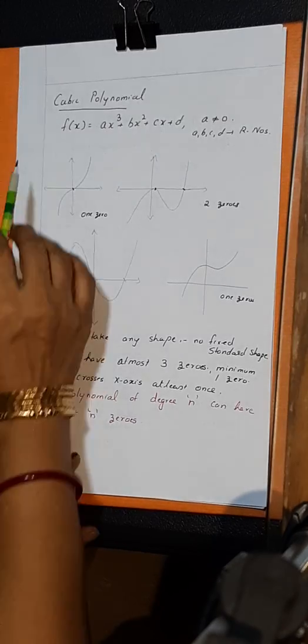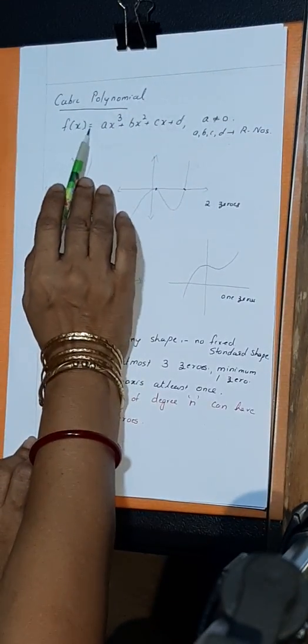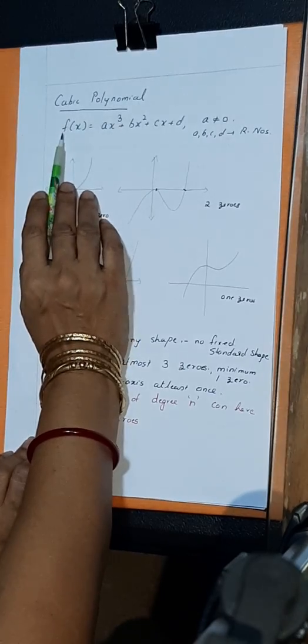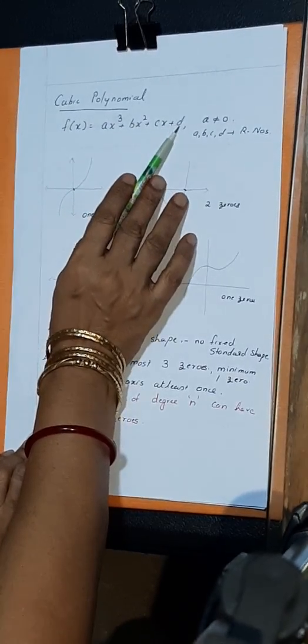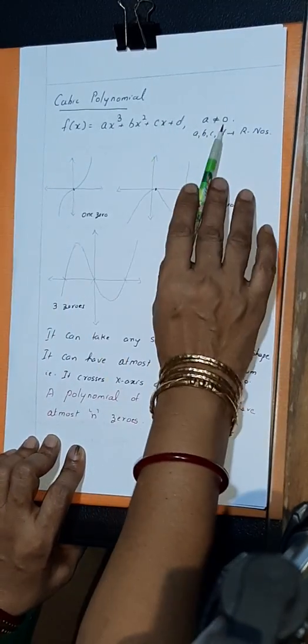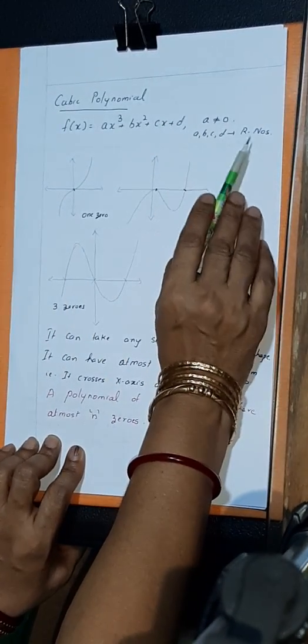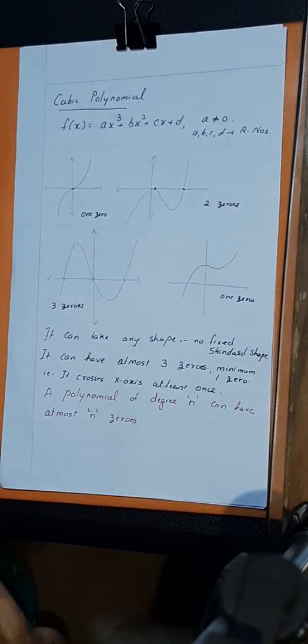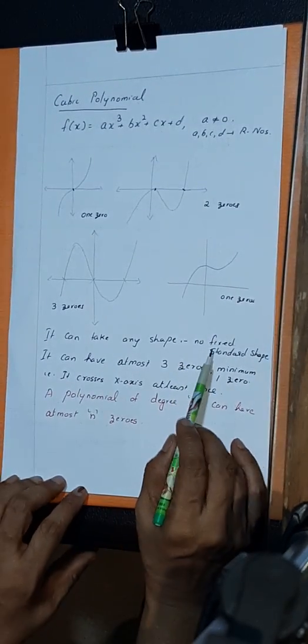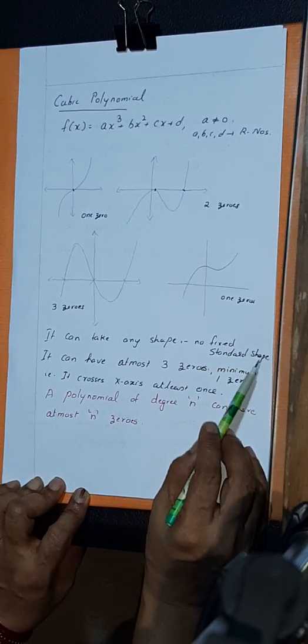Now coming to the cubic polynomial. It is of degree 3. f(x) is equal to ax cube plus bx squared plus cx plus d, where a is not equal to 0 and a, b, c, d are real numbers. The characteristics of a cubic polynomial are that it can take any shape, it does not have any fixed standard shape.